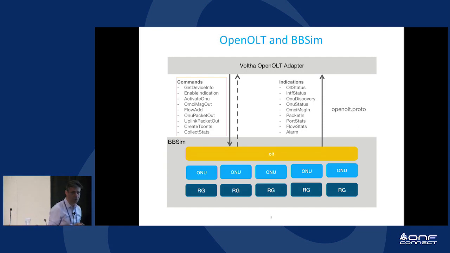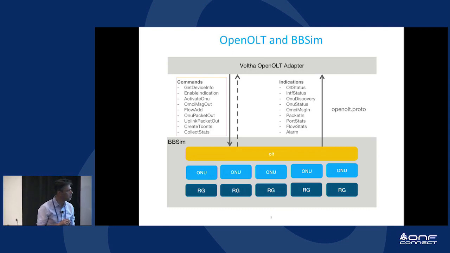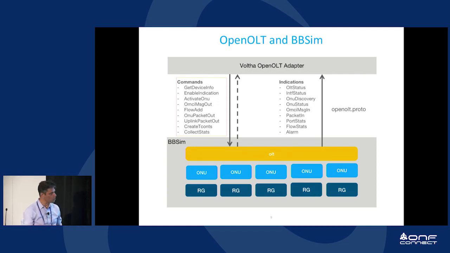You can configure how many ONUs and how many interfaces to start with. It also has some minimal simulation of RGs, which implement EAPOL and DHCP client. So we have a nice way of exercising the OpenOLT API, and right now there are no alarms and PM metrics, but fault management can be implemented into this.